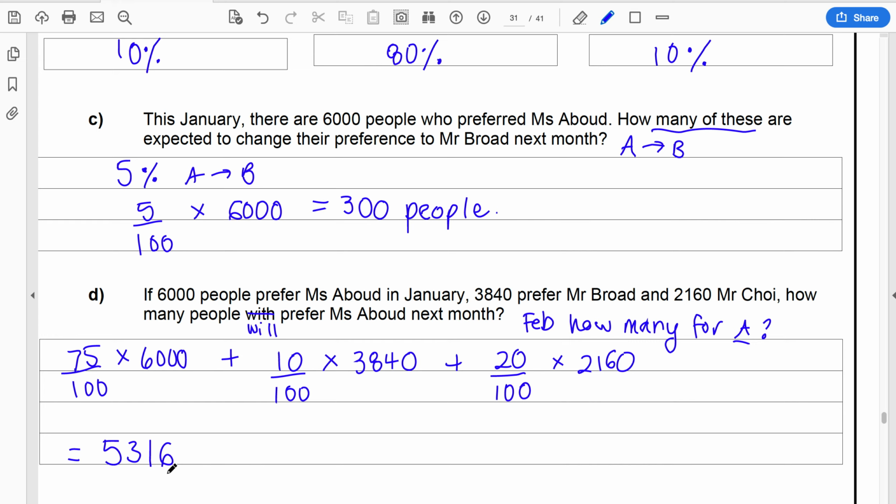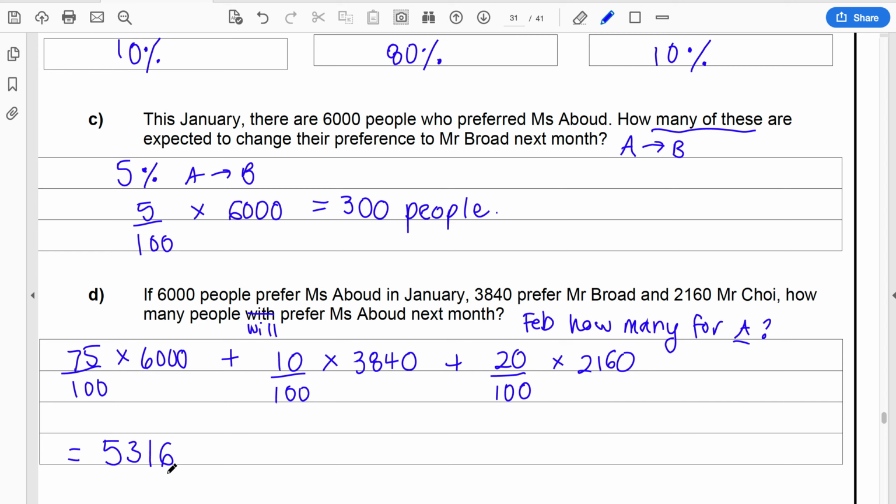As you can see, that calculation there was fairly tedious, in that we had three separate pieces of information to identify, and we had to do the percentage calculation and add it all together. Yes, we can do that, but what's actually much easier is transferring it into a matrix.